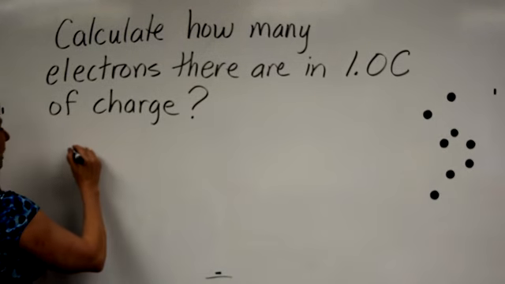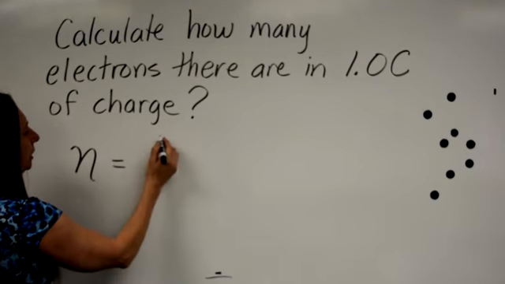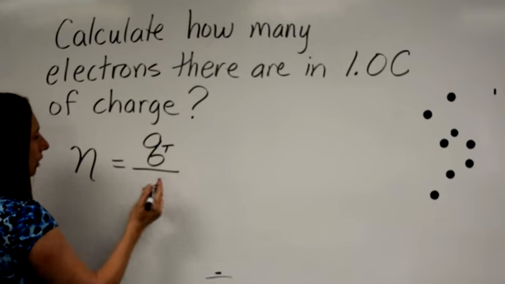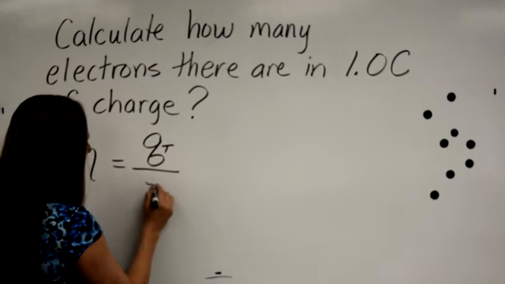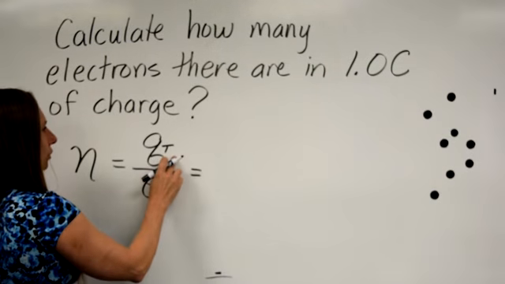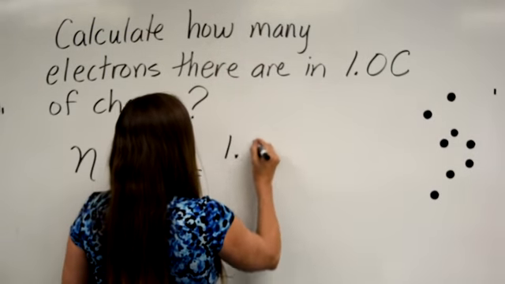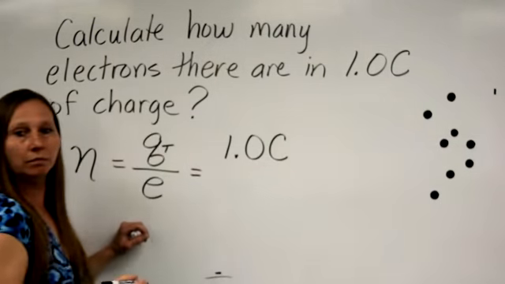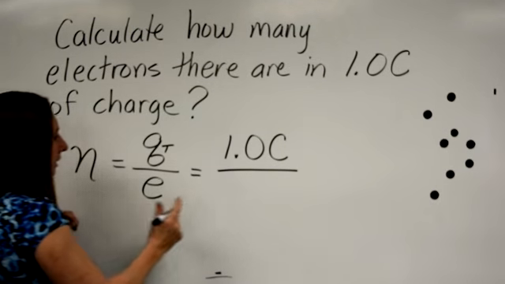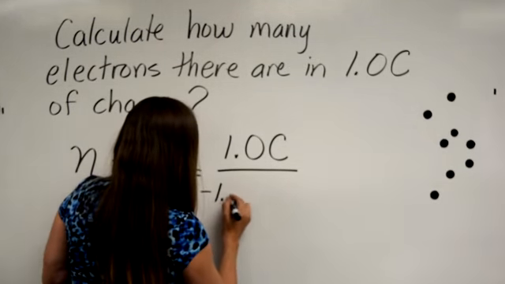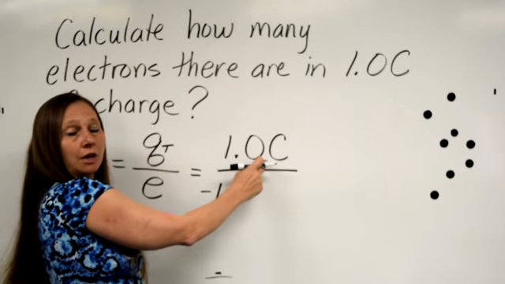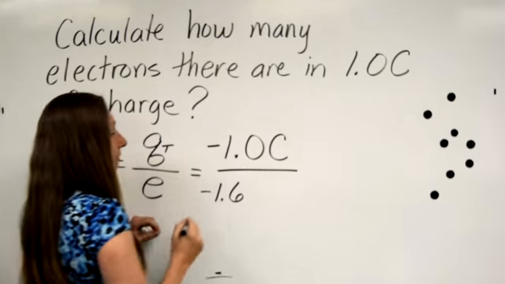The number of electrons is going to be equal to the total charge, or just call it charge, divided by the elementary charge. So here we go. The total charge is 1 Coulomb. The amount of charge per electron is negative 1.6 times 10 to the negative 19 coulombs per electron. If this is a Coulomb of electrons, then that's negative also.